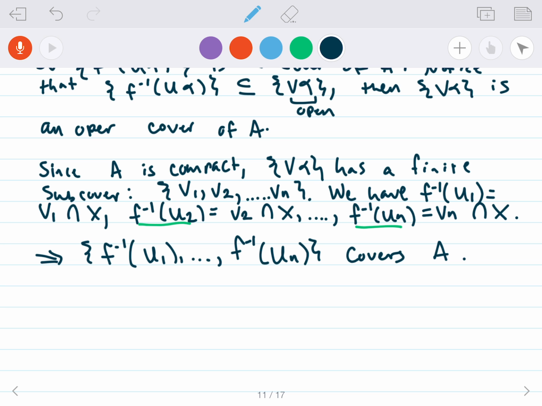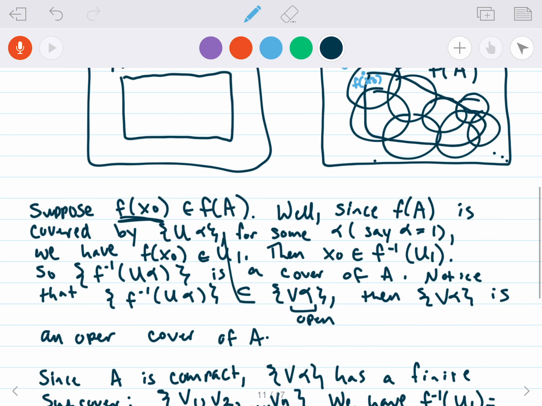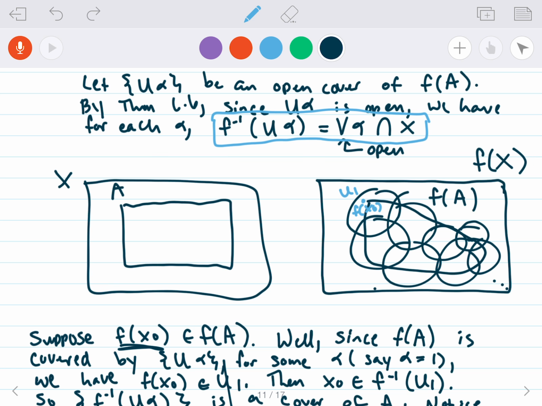So when I take the pre-image, I'm over here on the left side, and we're trying to bring this to the right side to show that this open cover has a finite subcover.